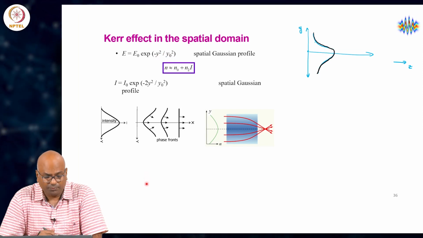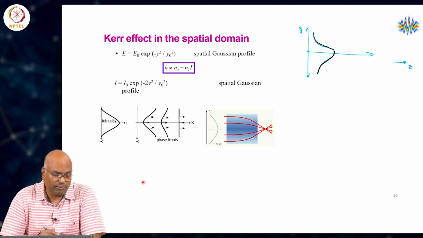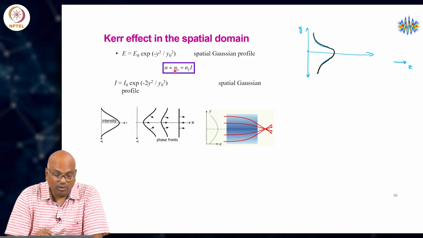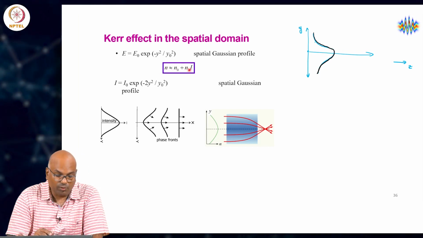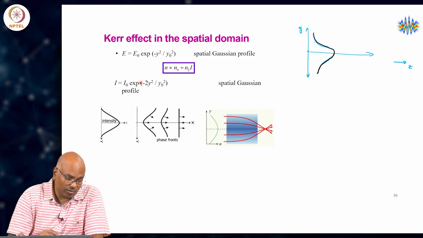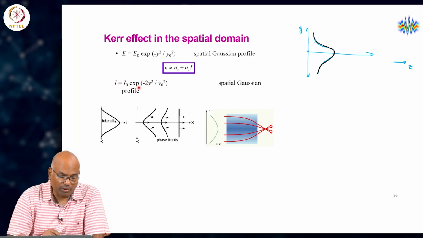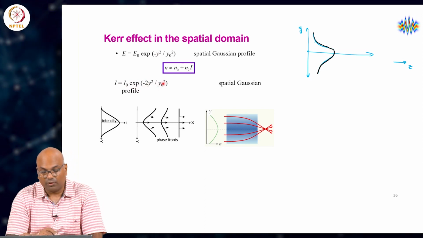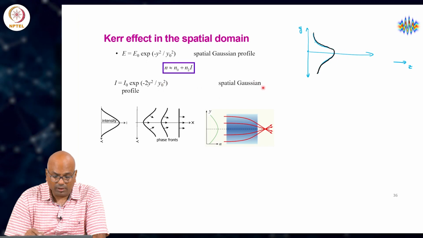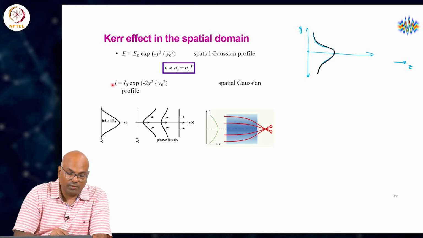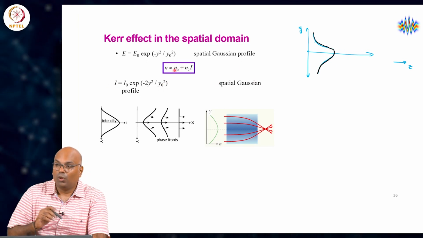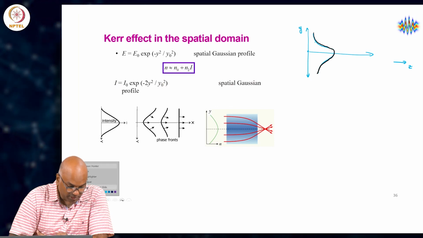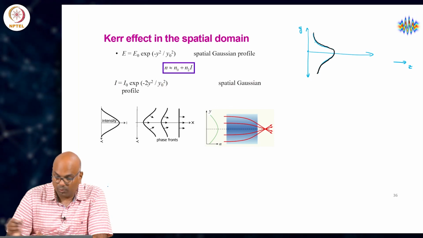So, now as a consequence, since n is equal to n naught plus n2 I, intensity also has the same profile, I is equal to I naught exponent of minus 2 y square by y naught square. The spatial Gaussian profile is imprinted on the intensity profile and hence also on the refractive index profile.